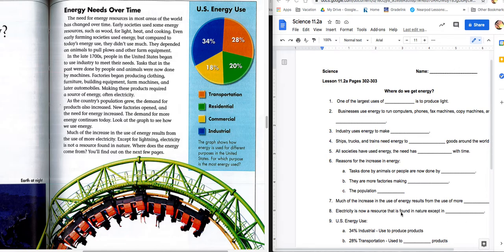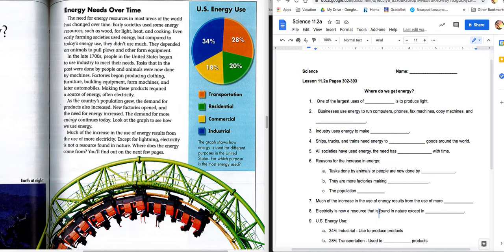You can see that I forgot the word, didn't I? So I'm going to put the word in here that you should be writing in here. Put a big old circle around it. It's not found in nature. So guys, I need electricity, but we can't harness it. And today I can have a lightning rod out there so that lightning hits the lightning rod, but we don't gather electricity from lightning. So the question is, where does the energy come from? We're going to find that out next week when we go through that.